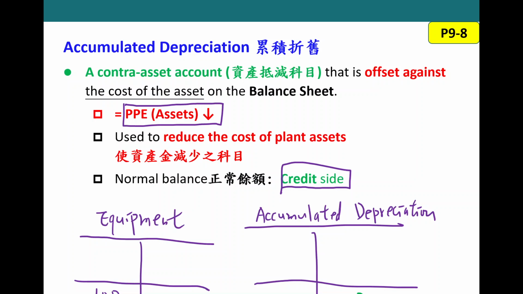Bell. Your PPE's value how much right now? 80, okay? Your PPE's value is $80 now. Why? At the beginning, 100. Value decreased 20. So the value right now is only $80. So here, accumulated depreciation told you your PPE's value decreased 20. So what is the value right now? Only 80, okay?